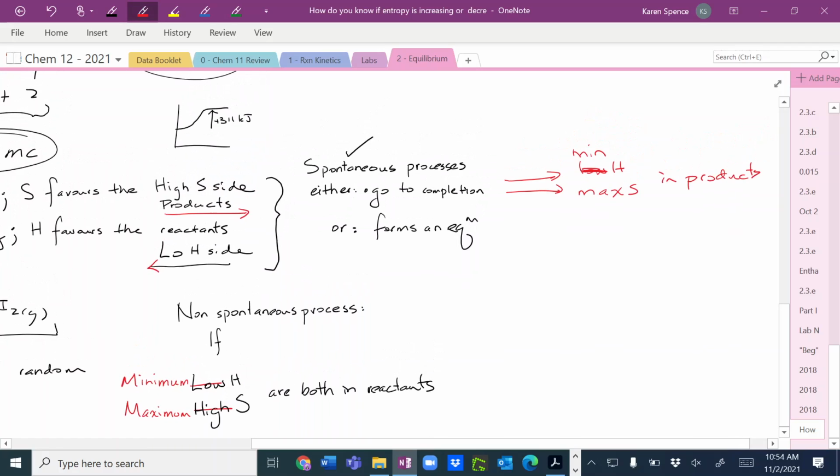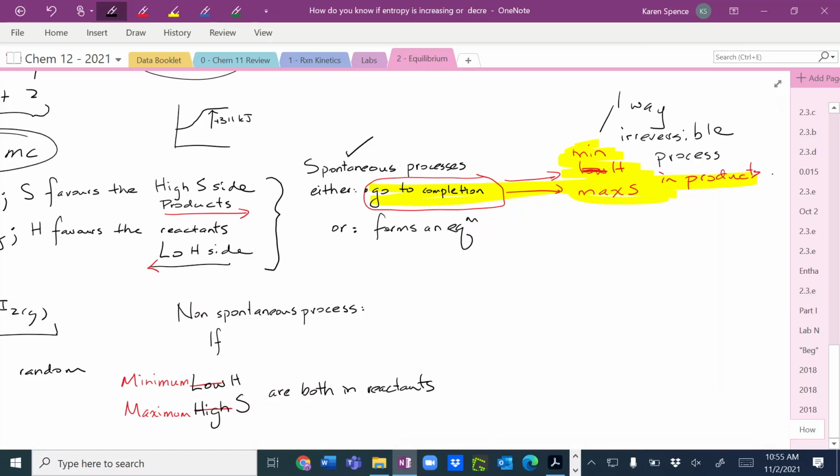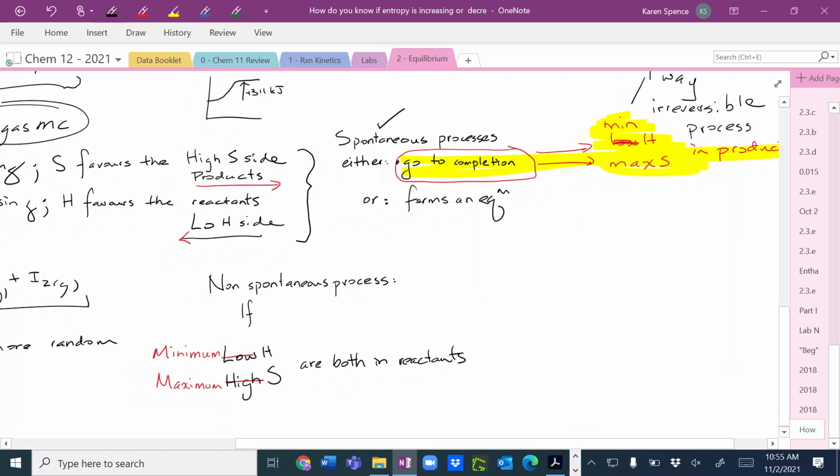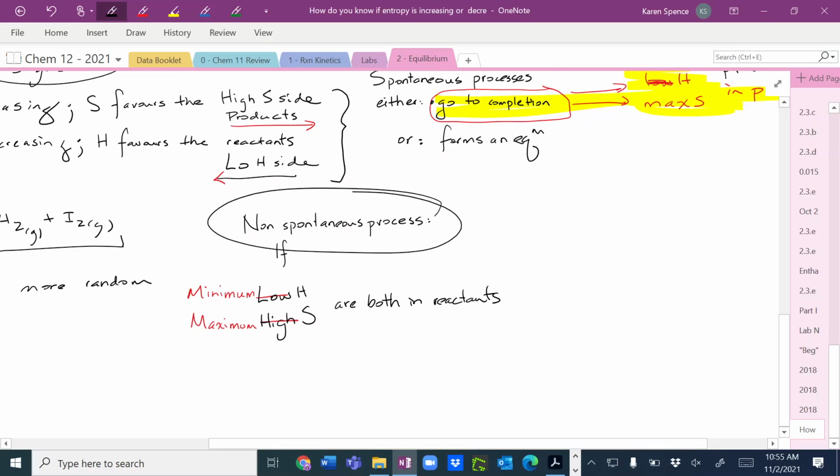Yeah, so if you've got an exothermic reaction that produces a lot of gas molecules, that's going to be a go to completion. If they both go left, that is a non-spontaneous process, and that is when the reaction will not occur.